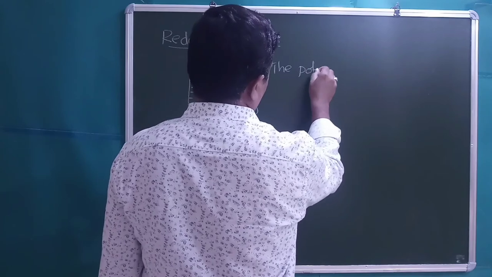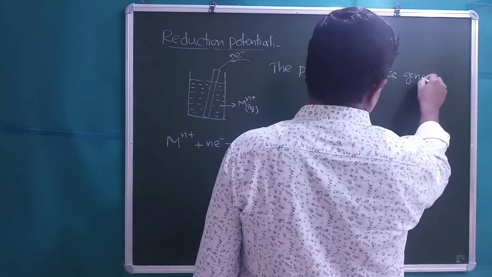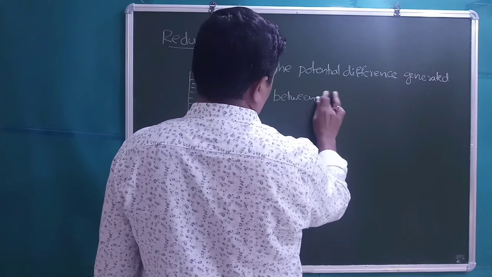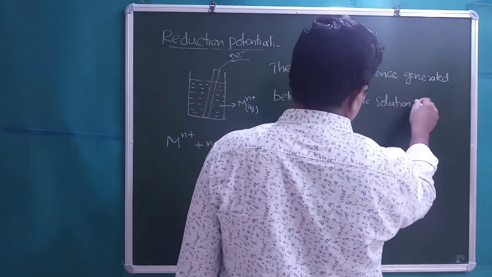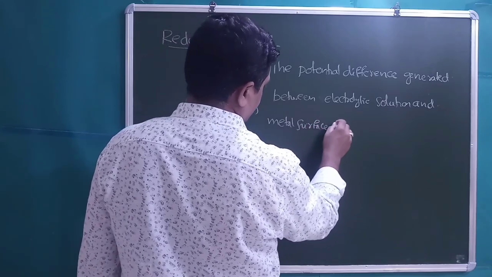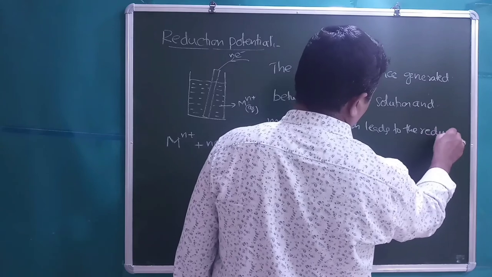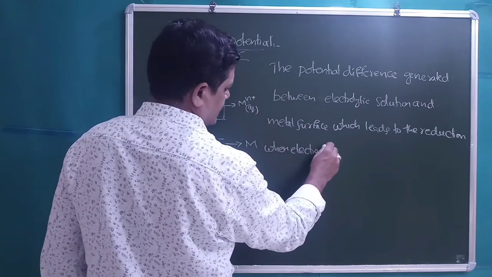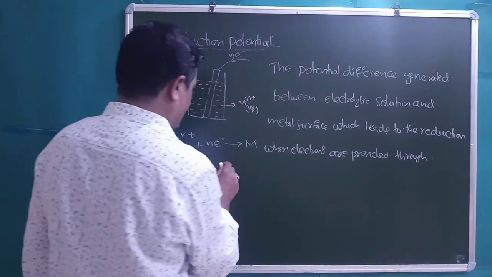The potential difference generated between the electrolytic solution and metal surface, which leads to the reduction when electrons are provided through the external circuit.